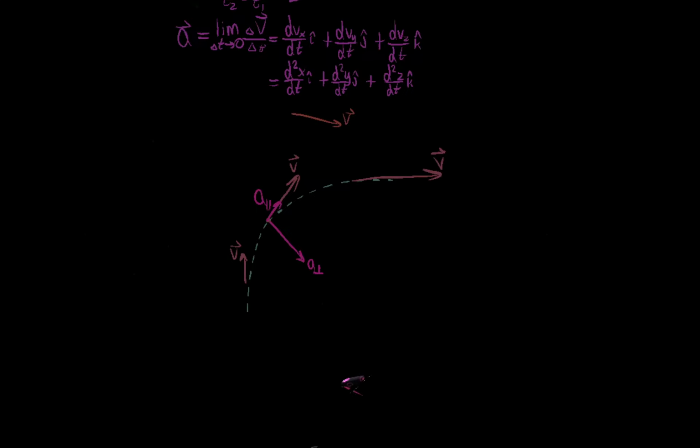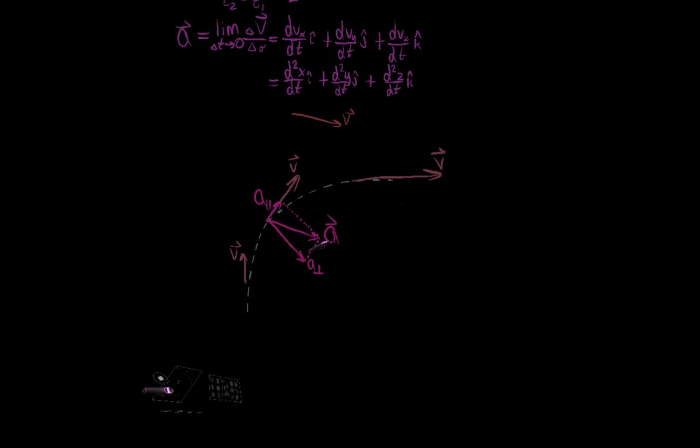And so if you have both going on, and these are each components at right angles to each other, then the true acceleration is described by this vector there.